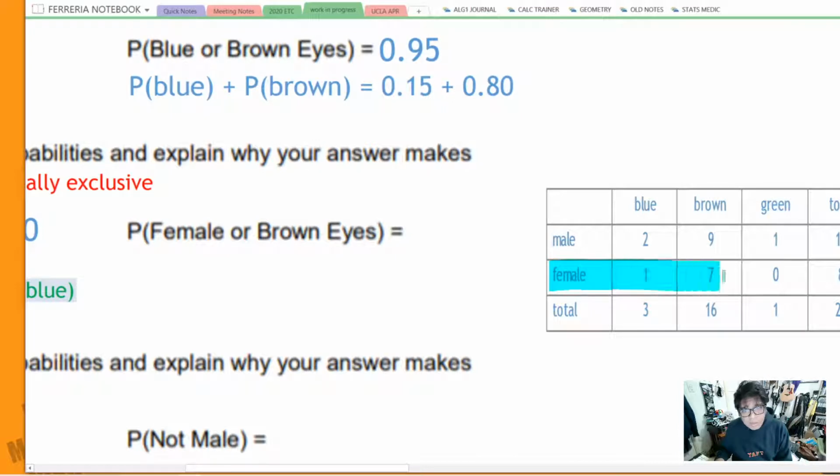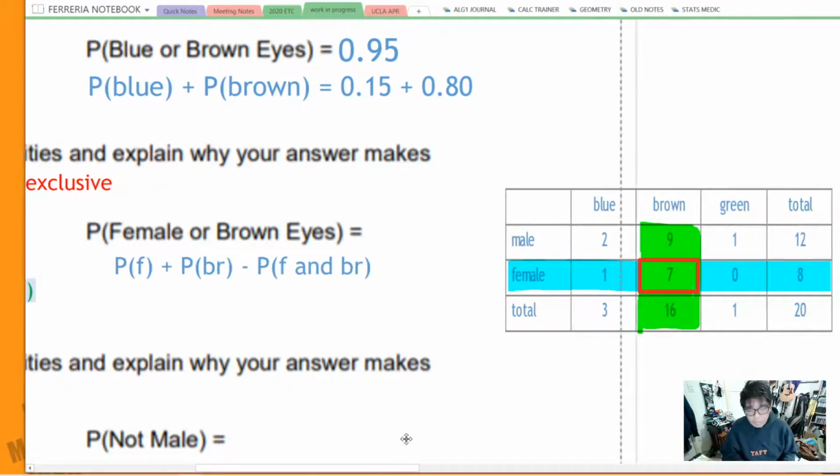Let's do females, that's 8. And then brown eyes, that is 16. And then both here, that would be 7. So the probability of female or brown eyes is the probability of female plus the probability of brown minus the probability of female and brown eyes.